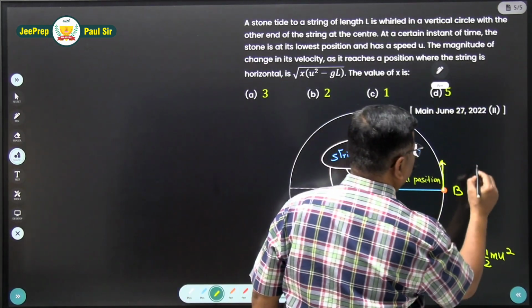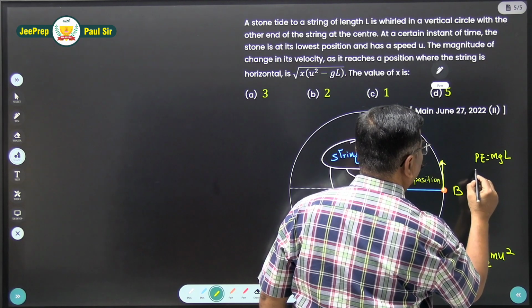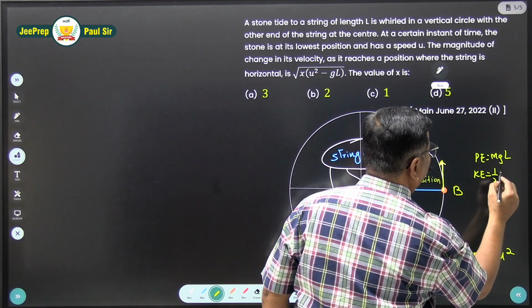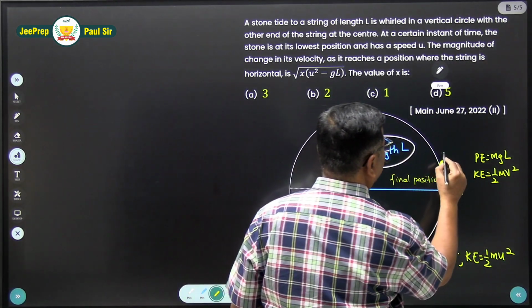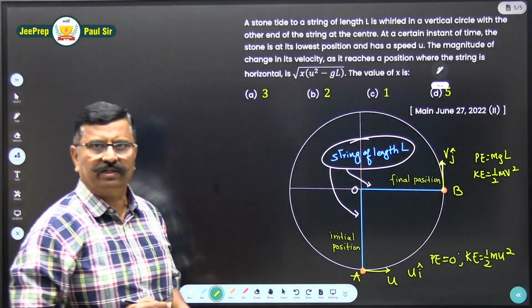Now here potential energy will become mgl while kinetic energy is half mv square, where v is the final velocity. Then its velocity vector will be v j cap because it is exactly vertical.